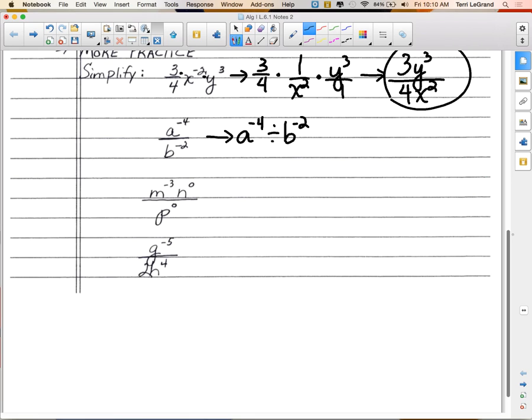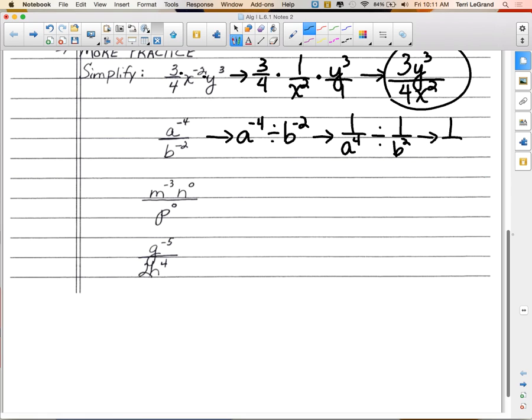Okay, so what is a to the -4? Do we need to simplify it? Yes. As what? 1 over a to the 4th. Divided by, we're not switching anything yet, 1 over b to the 2nd. But now it is not multiplication, it is division, so we're going to change it to multiplication.